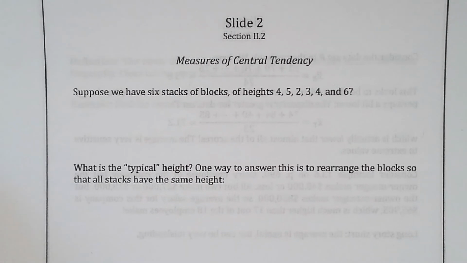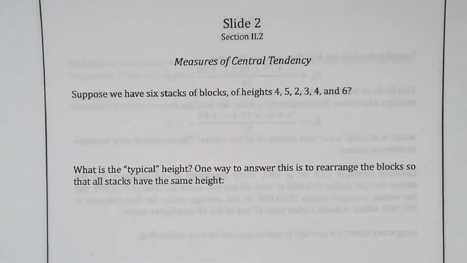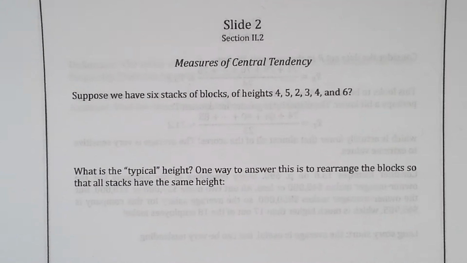Suppose we have 6 stacks of blocks of heights 4, 5, 2, 3, 4, and 6. I have a set of stacks of blocks to show you here. Let me zoom out a little bit.